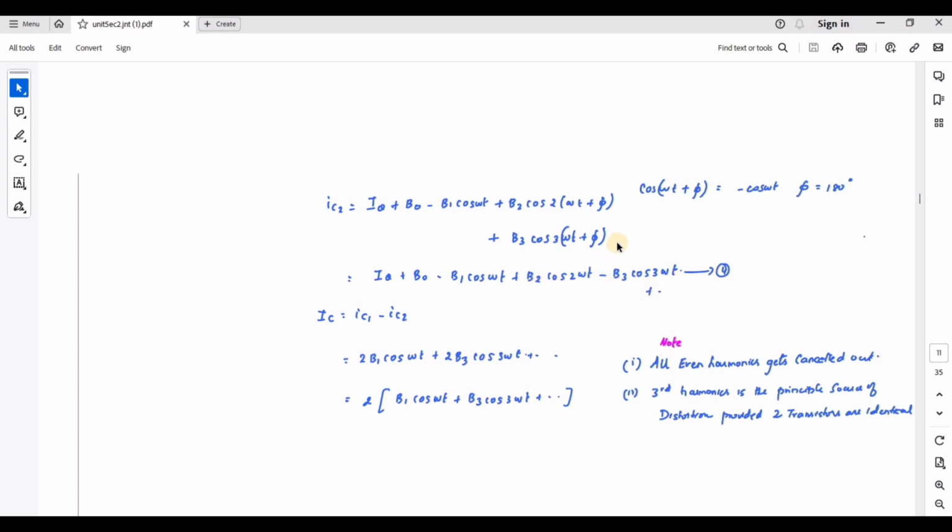If I subtract the third and fourth equations, I will get 2B1 cos omega t plus 2B3 cos 3 omega t. So you can see the even harmonics get cancelled out. The third harmonic is a principal source of distortion, provided that the two transistors are identical. So I can write IC is equal to 2B1 cos omega t plus B3 cos 3 omega t.